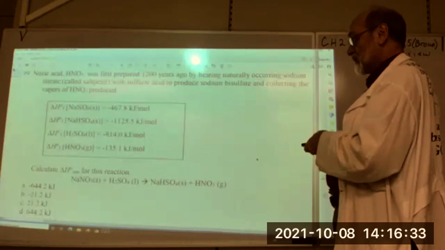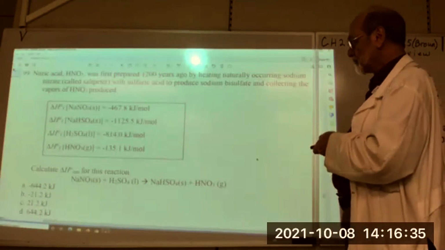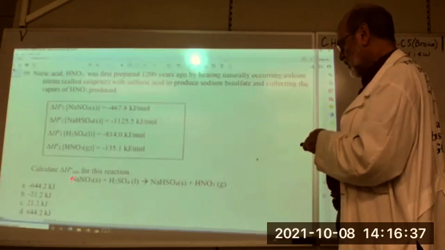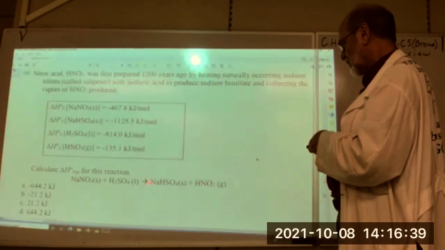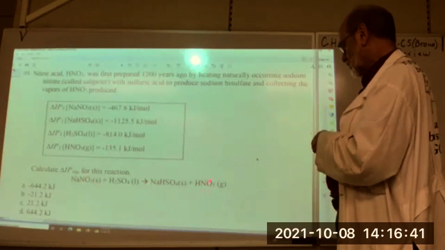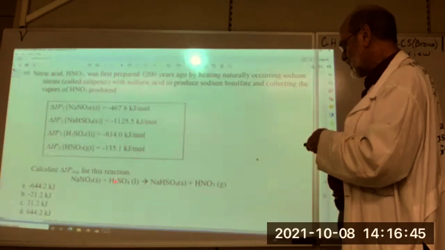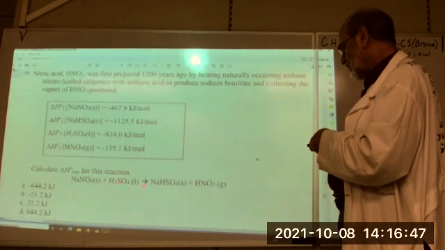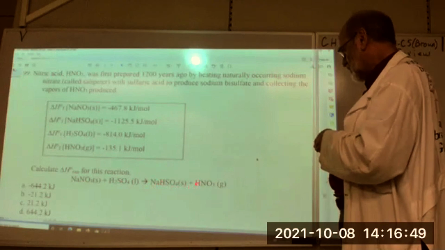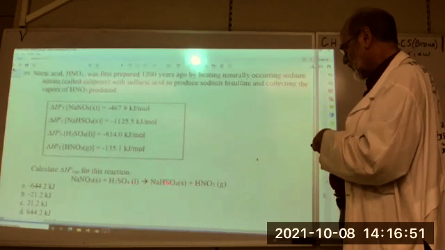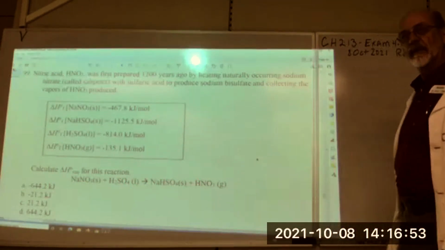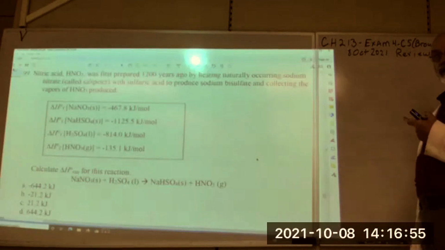Because if it's not balanced, we have to do that first. So we got one sodium here, one sodium there. Good there. One nitrate here, one nitrate there. Two hydrogens here, one hydrogen there, and one hydrogen there. One sulfate there, and one sulfate there. That one's balanced. And they're all coefficients of 1.